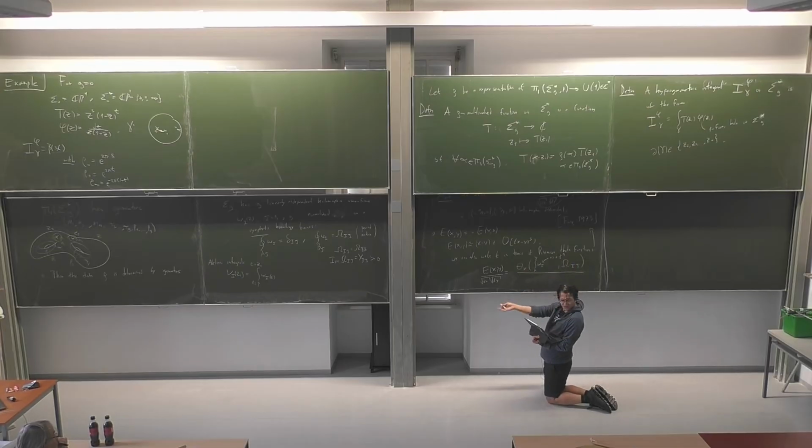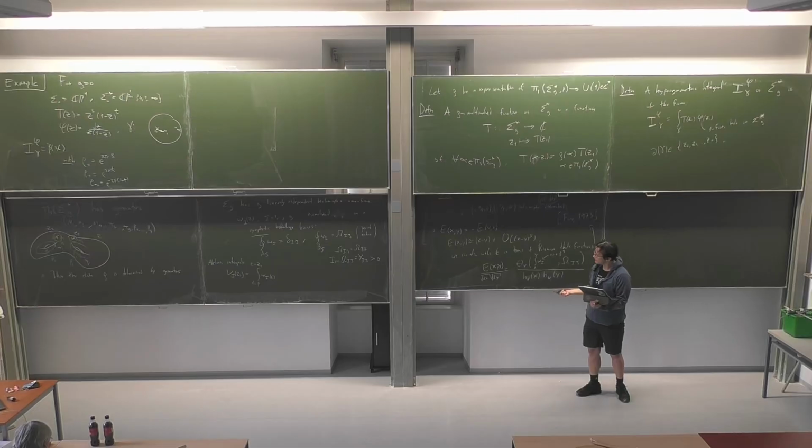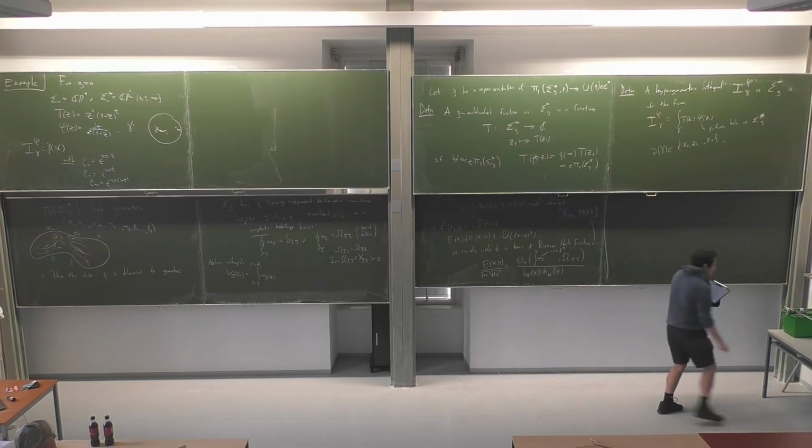But then you made a choice. I said it's unique, so you have to actually normalize this by something. And the thing you normalize by is going to remove the choice of the specific odd theta characteristic.